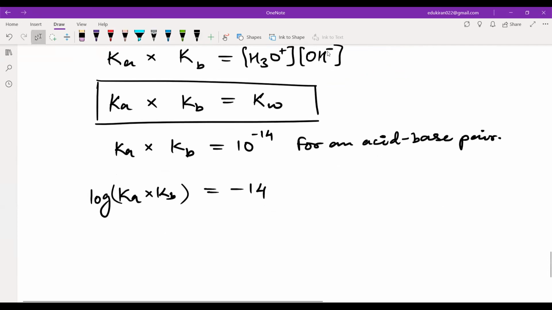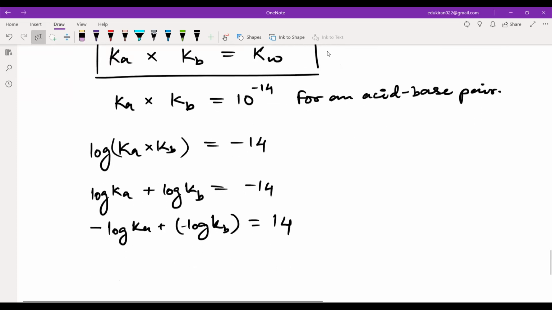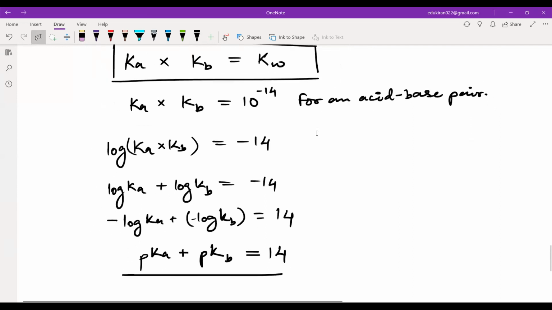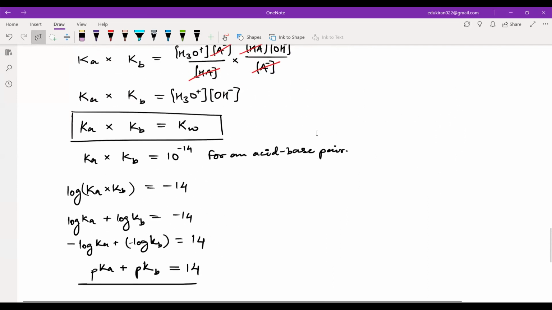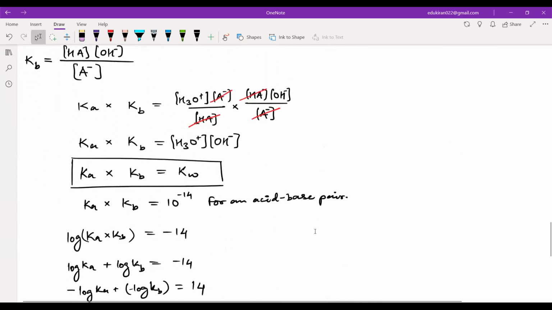You can also write log of Ka plus log of Kb is equal to minus 14, and so minus log of Ka plus minus log of Kb is equal to 14. And you can also write pKa plus pKb is equal to 14. So these are some relationships that will be useful for converting from Ka to Kb. Just tell me where I need to stop and from where you have to write it down.